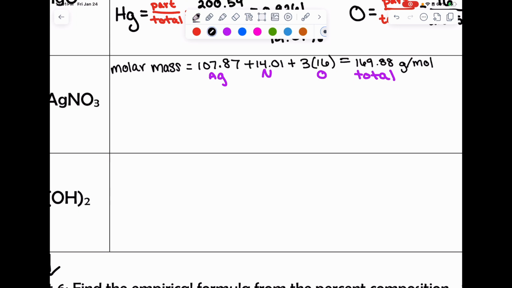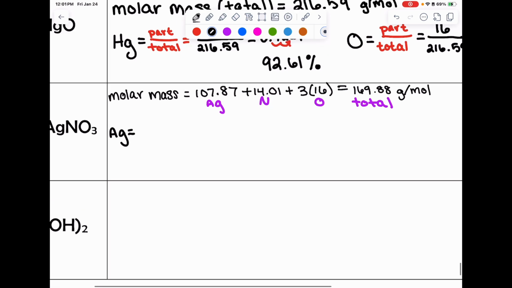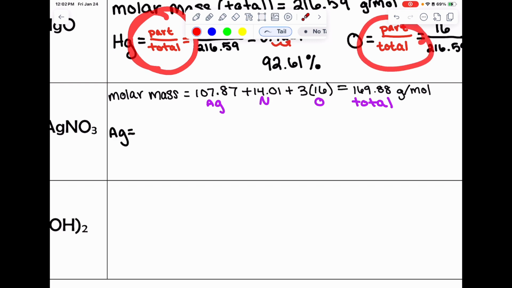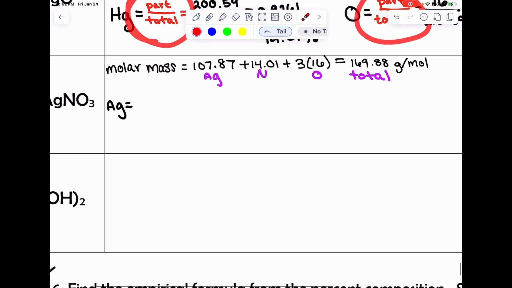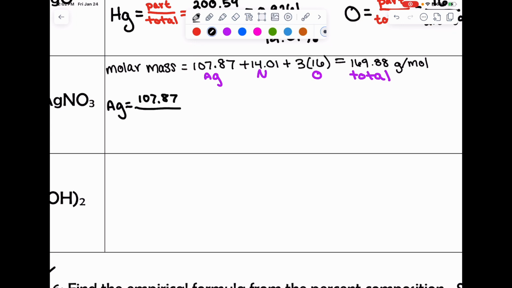So starting first with Ag, remember, you want to do your part divided by the total. So the part of Ag is 107.87, divided by the total, 169.88.